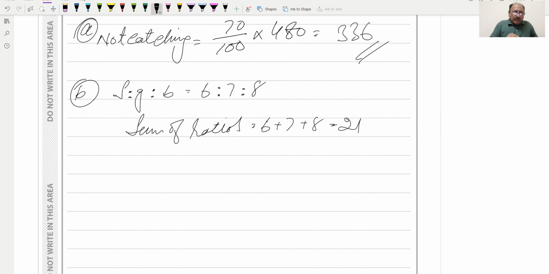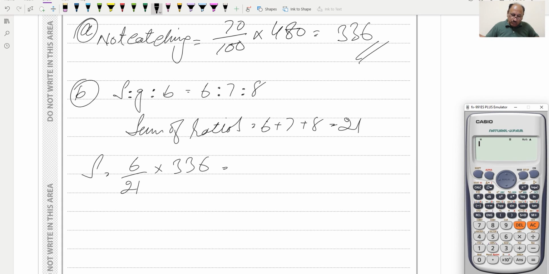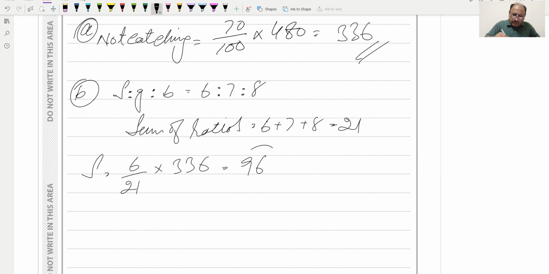We require S, and S is 6, so we can write the working here. S:G:B is 6:7:8, and the sum of ratios is 6 plus 7 plus 8, which is 21. Now S will be equal to 6 over 21 multiplied by 336, which is the total of people not catching, and this is equal to 96. So 96 is the answer for this part.